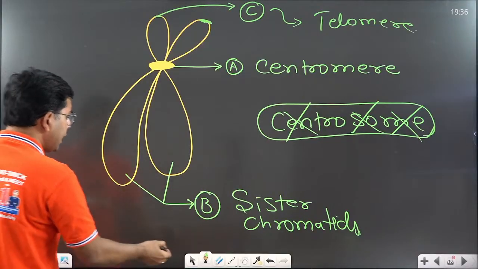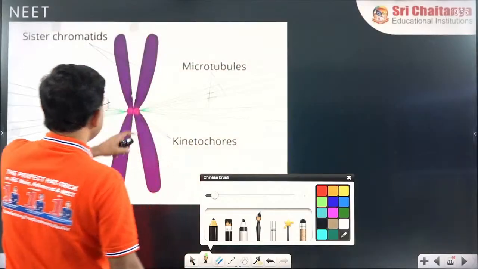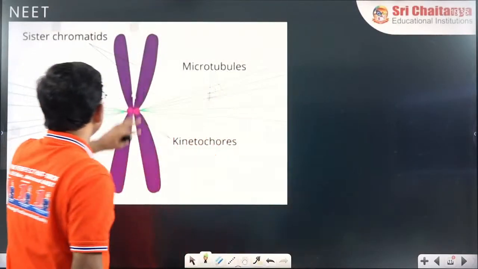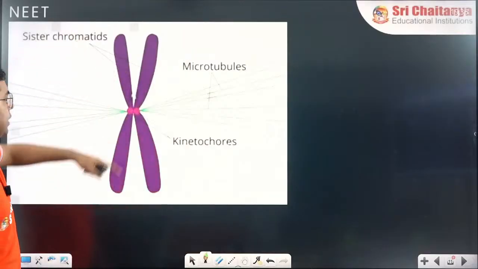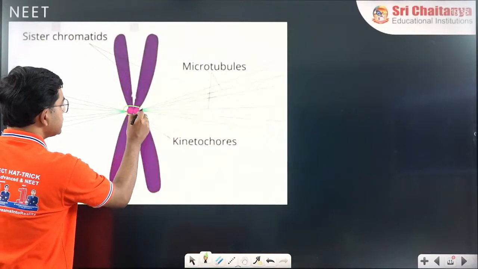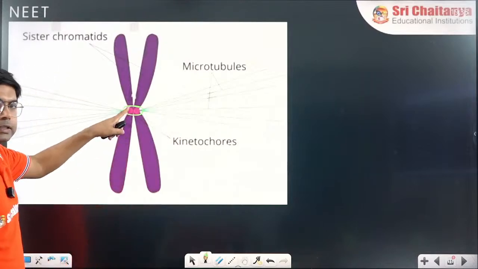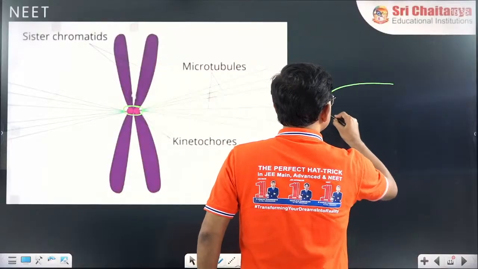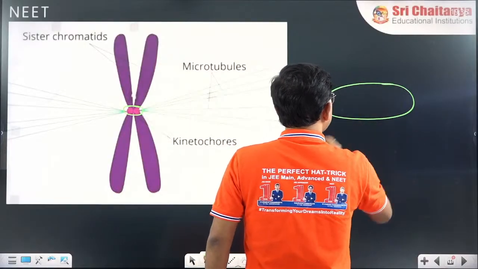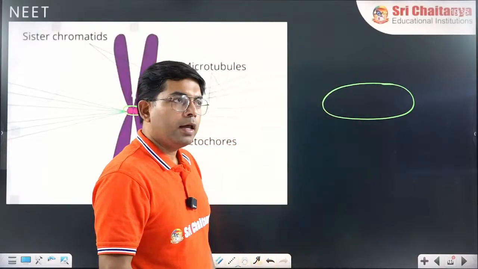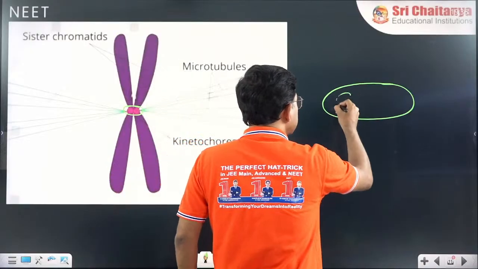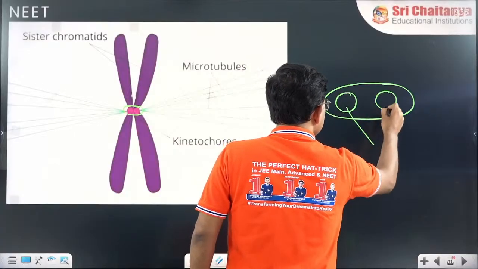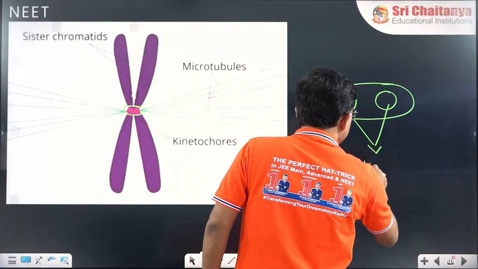Here one more thing I would like to mention. Can you all understand this point? We have seen sister chromatid. This is the centromere. Now, I am drawing a magnified diagram of centromere. Each centromere has two structures, which are called kinetochore.